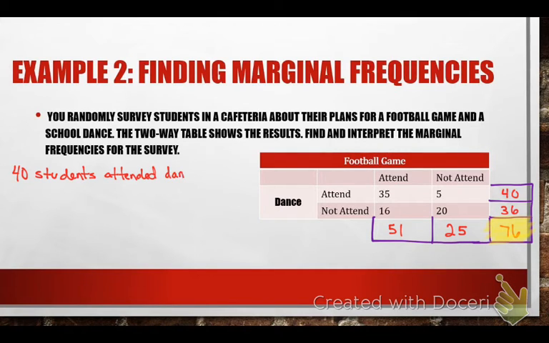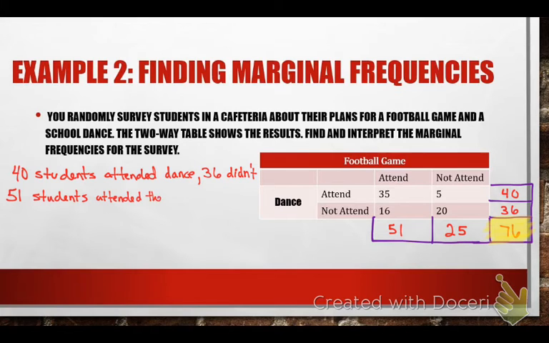Okay, I'm going to combine did and did not. How many did not? 36 did not. I'm just going to say 36 didn't because I'm running out of space. What about 51? What does 51 mean? 51 students attended the football game.